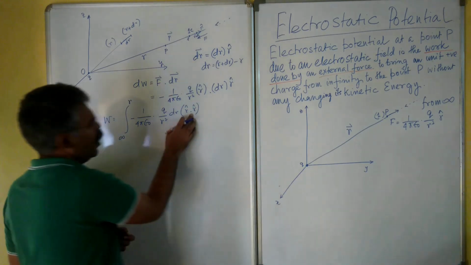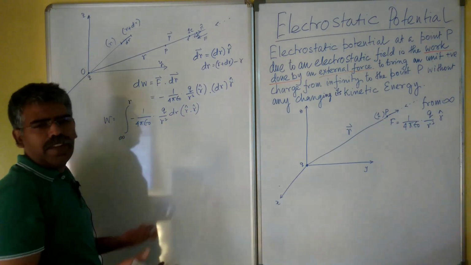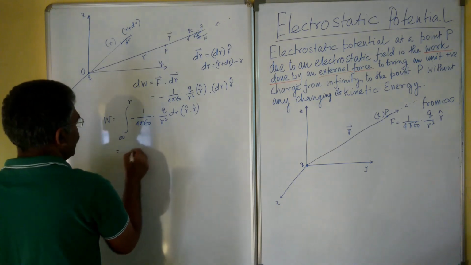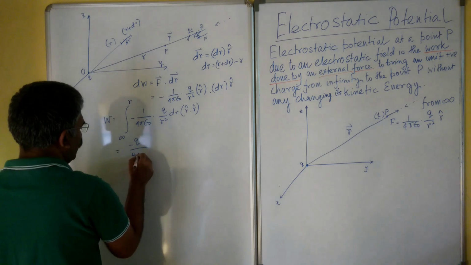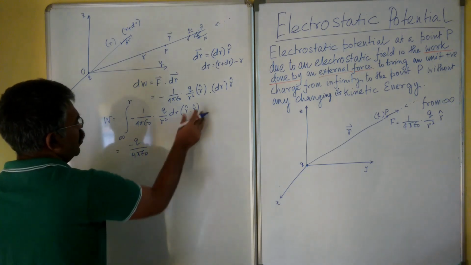What is r cap dot r cap? It's the dot product between two unit vectors, so that will be 1. Take the constants out first: minus q by 4 pi epsilon 0.